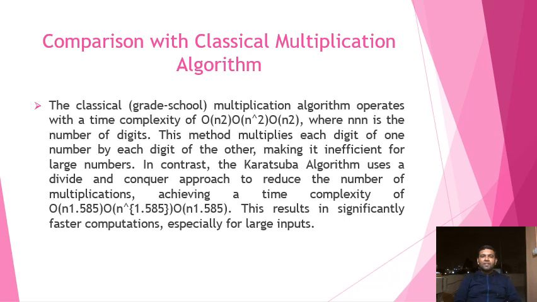In contrast, the Karatsuba algorithm uses a divide and conquer approach to reduce the number of multiplications, achieving a time complexity of order of n to the power 1.585, which is order of n to the power log 3. This results in significantly faster computations, especially for large inputs. This is the comparison with the classical multiplication algorithm.